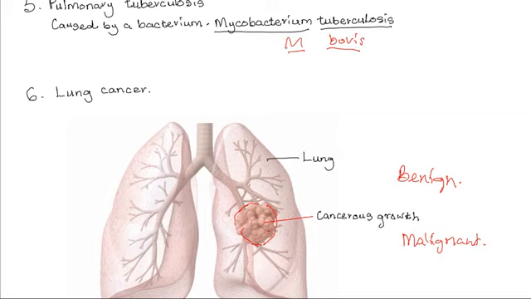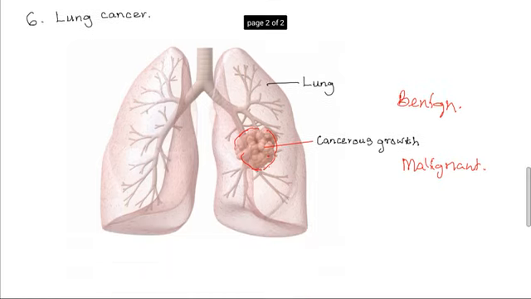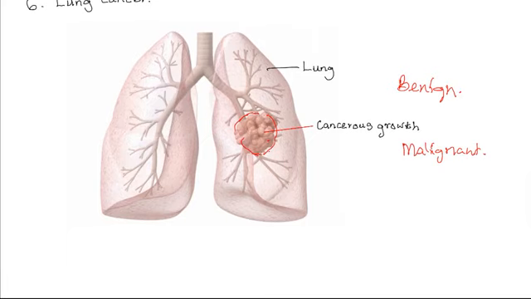Now, there are no specific causes for lung cancer, but there are factors and conditions that are associated with the disease. And these include smoking. Cigarette smoke contains certain substances known as carcinogenic substances that can trigger uncontrolled growth of the lung cells.